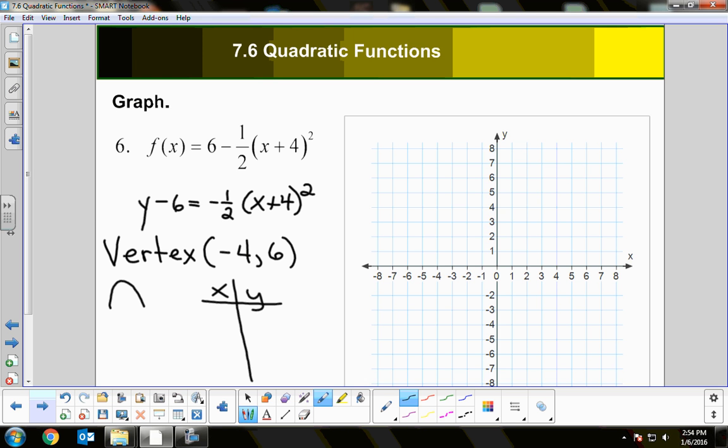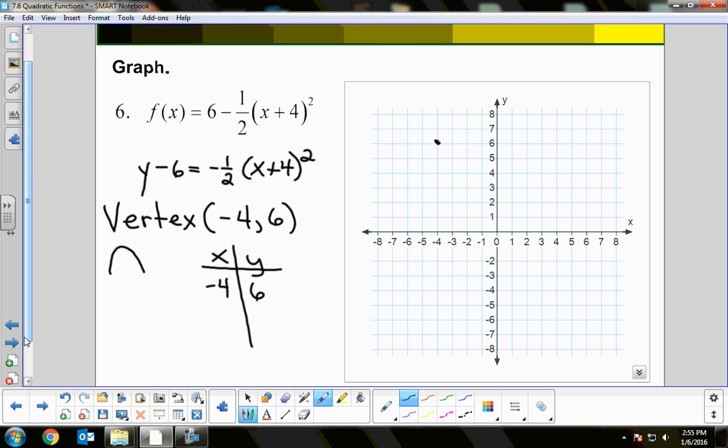I'm going to allow you to graph only two other points, one point and its mirror image, just to save a little time, because after 7.5 you've had practice in picking points on a parabola. Our vertex is -4, 6, so we go to -4, up 6. And now let's get points to the left and to the right of that.